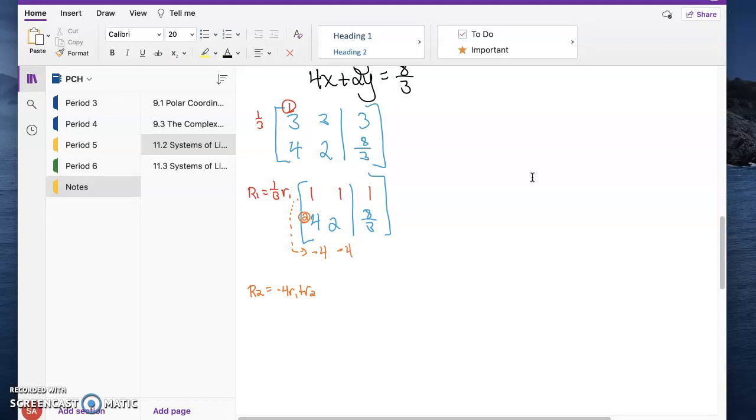So writing row 1 times -4 below row 2 and then combining. So I'm going to combine the blue and the orange. Then off to the side, what's 8/3 minus 4? It's -4/3. And I'm going to leave the top row the same this time.